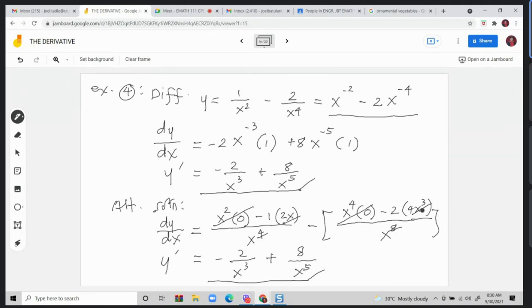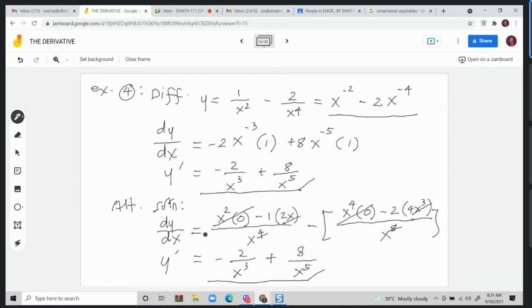Sakto ba? 4x cubed, yes. 4x cubed, no? N to the n minus 1, no? So, 4x cubed. Then, all over the square of the denominator. So, ato nang square ang x to the power 4. Ato lang i-multiply ang exponents. 4 times 2 is 8. So, x to the power 8.